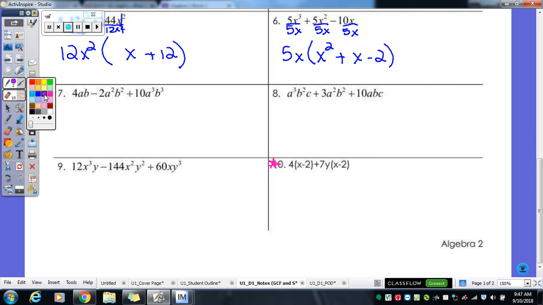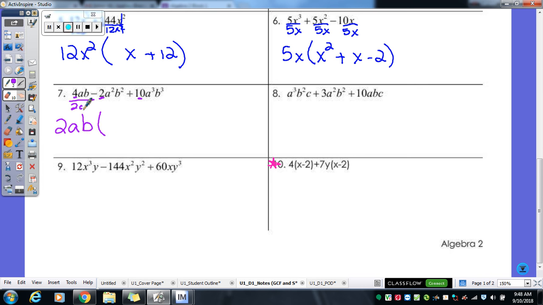So looking at the numbers, what's our GCF for our numbers? 2, because you got 4, you got 2, you got 10. 2 goes into all 3 of those. So for our A's, what's our lowest exponent on A? Just a 1, so it'd be a to the first. And then our lowest exponent on our B would be a 1 again.